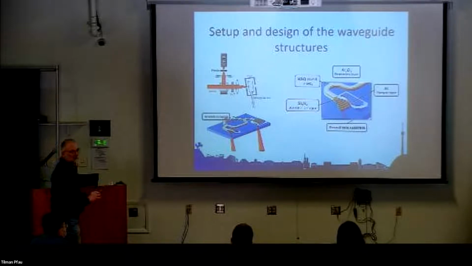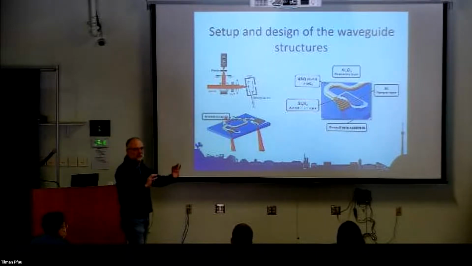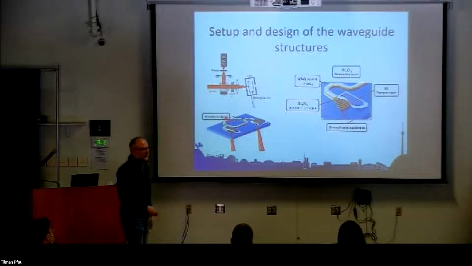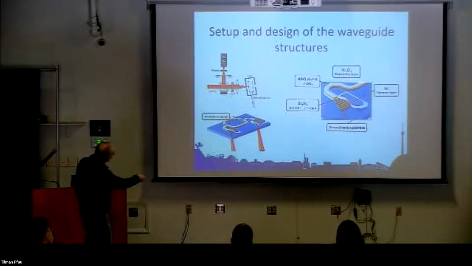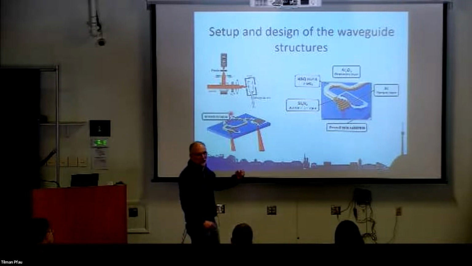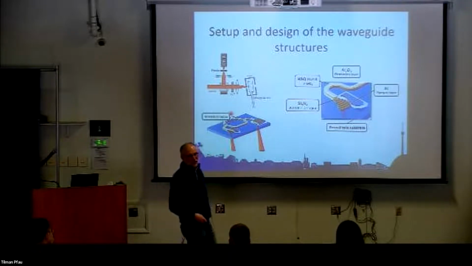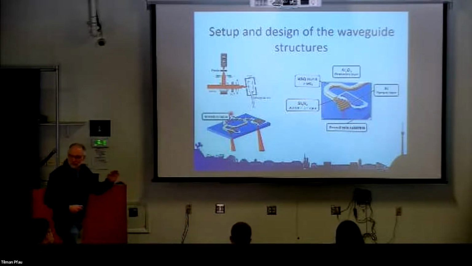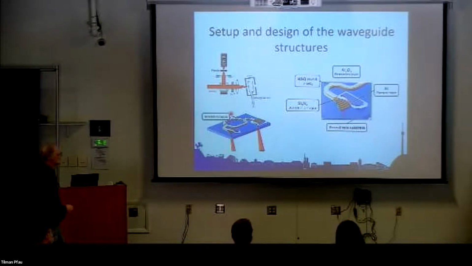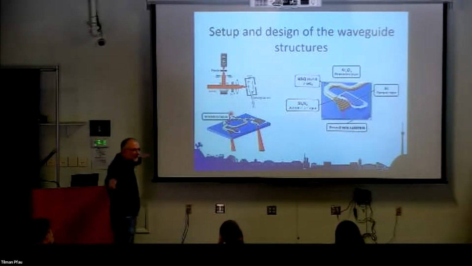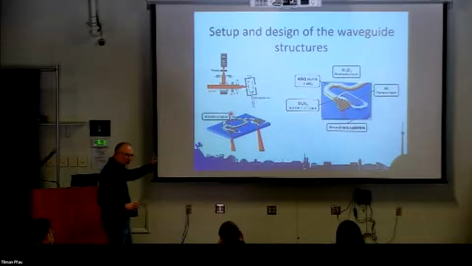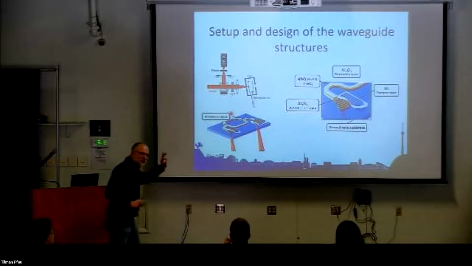So the light is guiding without seeing the external environment, just this glass, that is not interesting. But at this position here, atoms will be able to interact with the evanescent field, for example, of these guided photons. So you can tailor the position where the atoms are, although they are everywhere in your vapor cell, but on the chip, you can say, okay, I want them to be here.